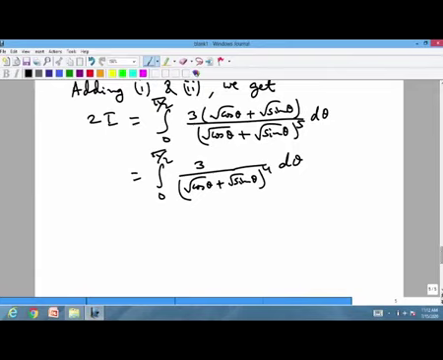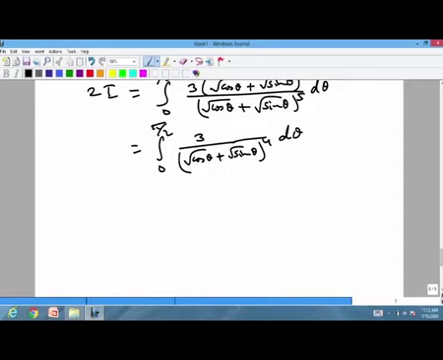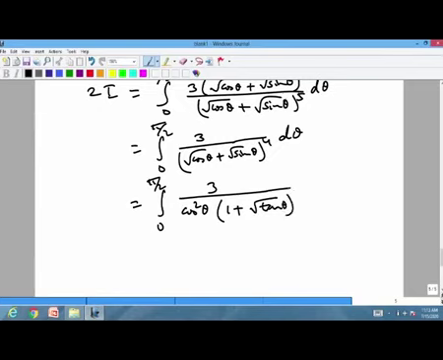Now, here again to integrate this one, what we can do is, if I take square root of cos theta common from the denominator, this will become 3 over cos square theta times (1 plus square root of tan theta) raised to power 4 d theta.